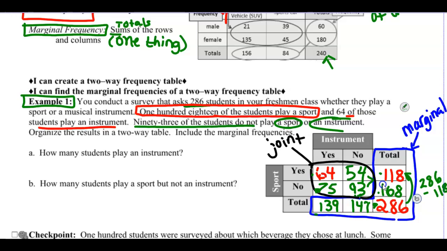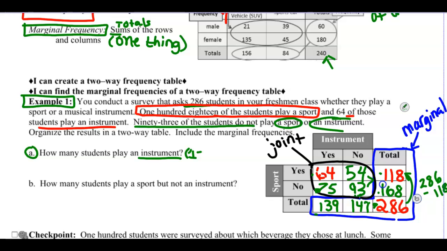So this is filling out a frequency table if you're only given certain pieces of the information. And then we're going to answer some questions about it. So we want to look at how many students play an instrument. Since this is only asking for one piece of information, I'm going to put that.